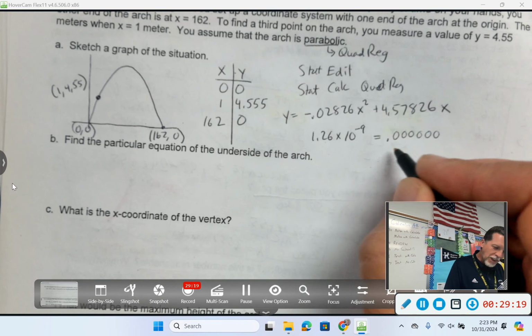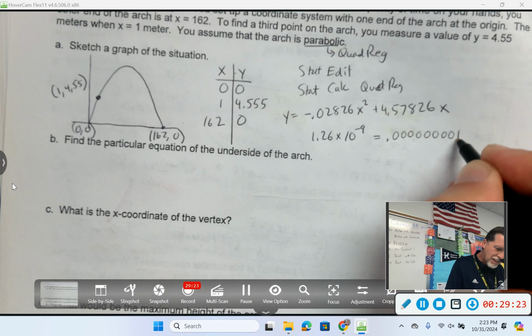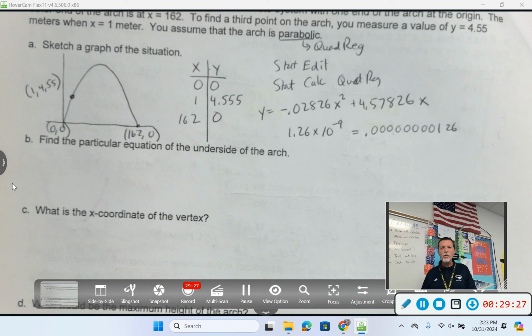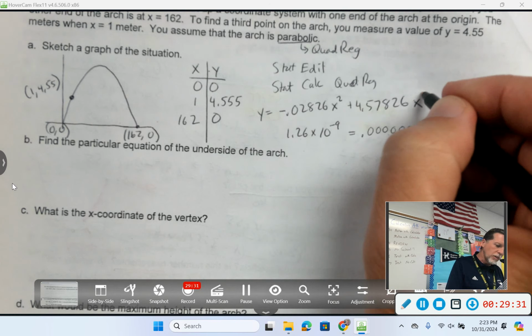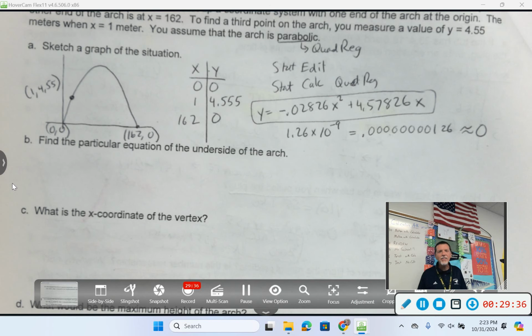I'm going to lose count here. 1, 2, 3, 4, 5, 6, 7, 8, 9. So 8 zeros, and then to the nearest 3 or 4 decimals, that's pretty darn close to 0. So pay attention. When you get times 10 to the negative 9 or times 10 to the negative 12, you don't have to put that in the calculator because that's 0.